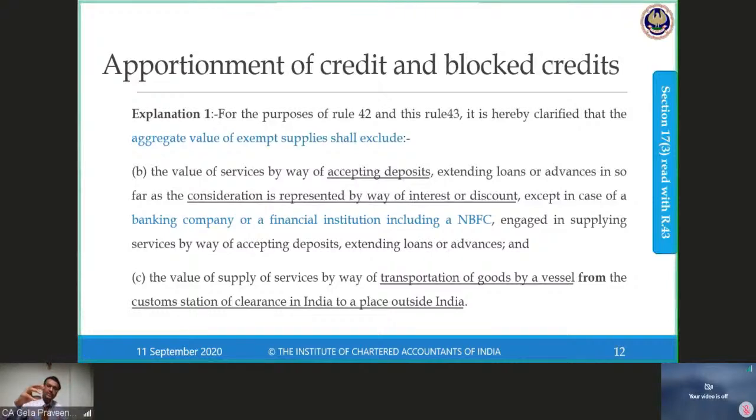The rest, 40,000, I would say is transportation charges from the customs port till the place outside India. That 40,000, friends, if I don't charge GST, it is not an exempt supply. Again, mind you, it is only by a vessel, not by air. So these two things are relevant. In the examination, two adjustments can be expected from these: interest income and bill discounting charges, and transportation fee only by a vessel, not by air.